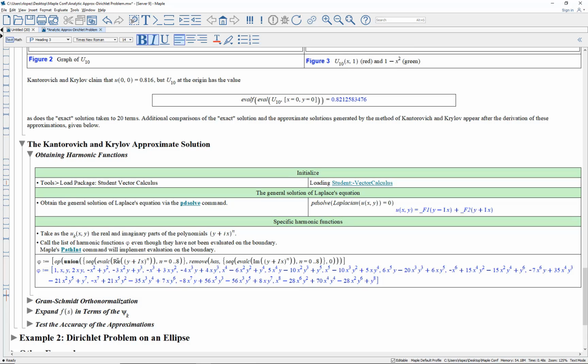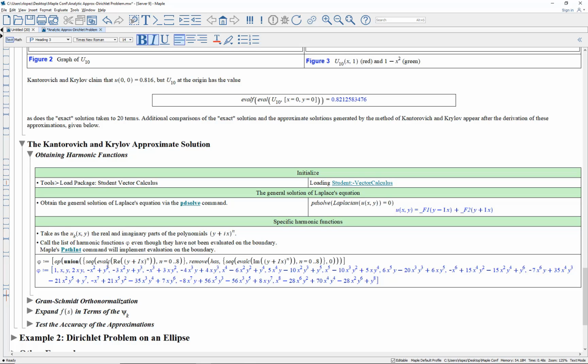I have a sequence of the real parts of y plus ix, and a sequence of the imaginary parts. Now the very first imaginary part is 0, so I remove that, and you can see the functions that I've generated: here is a degree 0 function, constant, 2 degree 1 polynomials, 2 degree 2 polynomials, 2 degree 3 polynomials, and so forth.